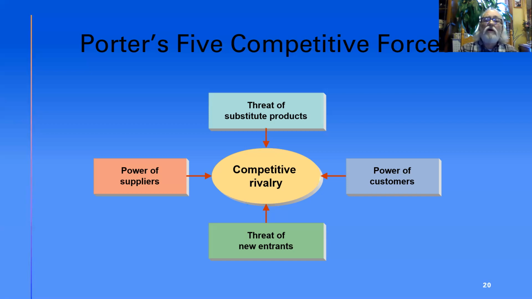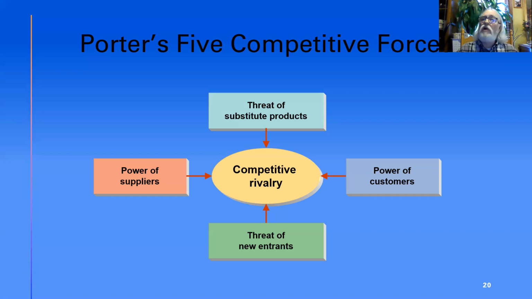The power of suppliers really concerns your partners, the people you get inputs from that you need to get the work of your organization done. And so they can have a certain amount of power. If you need a certain input, for instance a rare component or a rare metal, something that's in high demand, the price is going to be higher, and possibly the number of suppliers who can provide that will be lower.